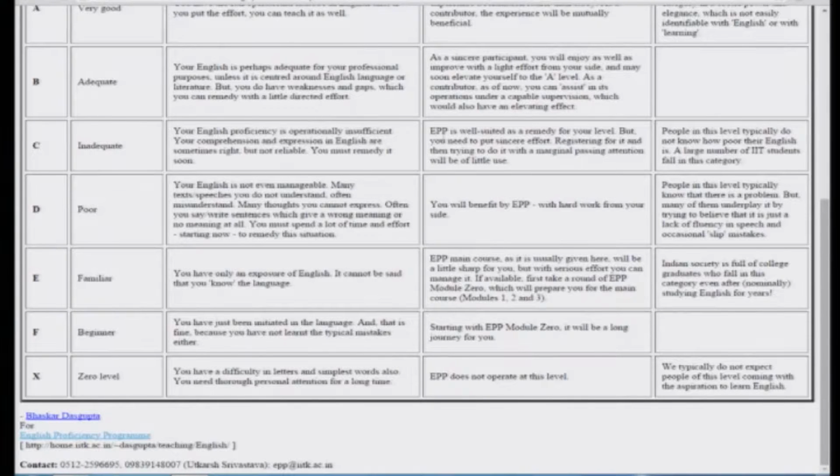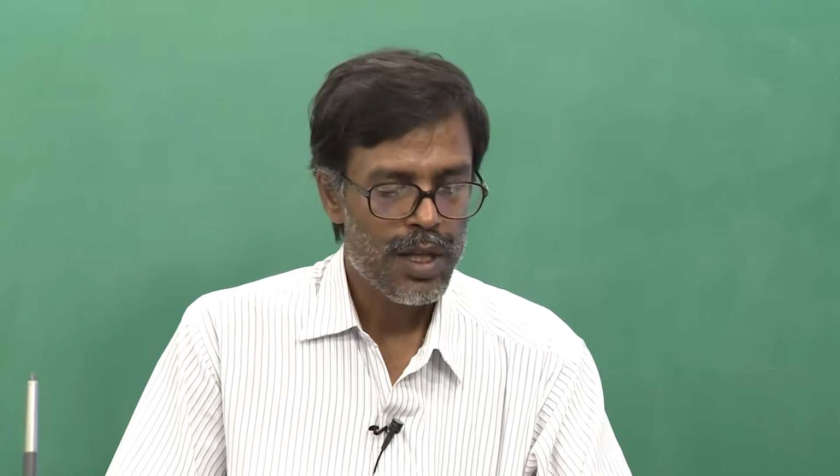EPP is well suited as a remedy for this level, and below also to a good extent. These people will make good improvement with very little effort. These people will make reasonable improvement with substantial effort, and these people will need a lot of effort in order to make some improvement, and then that improvement will perhaps accumulate over time with their own efforts.